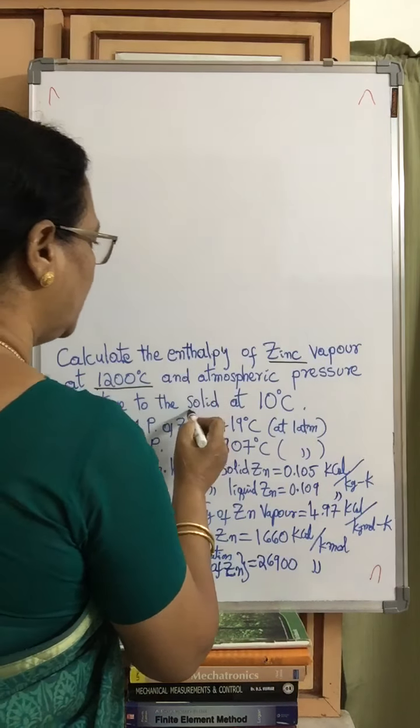That is our question. You cannot calculate this whole thing in a single step, because there are several stages in this. So that is the question, and then data is given.